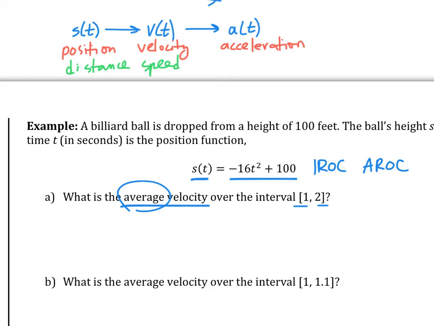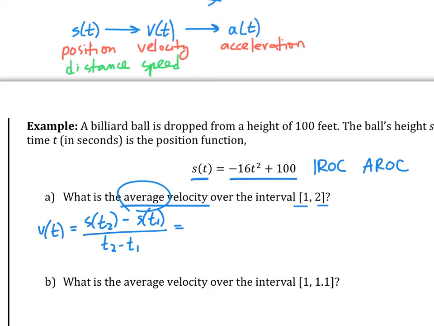So then the question is, what is the velocity over 1 and 2? All right, so the velocity between 1 and 2 is really just the AROC function. The AROC function is going to be the S, so the position of the second point, let's call T2, minus the position of the first point over the difference in time.